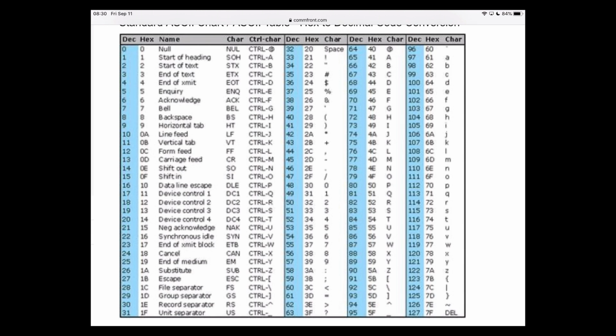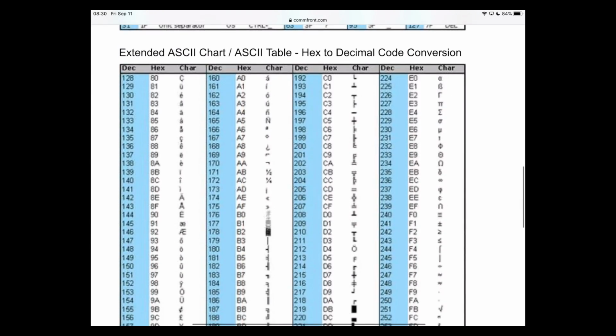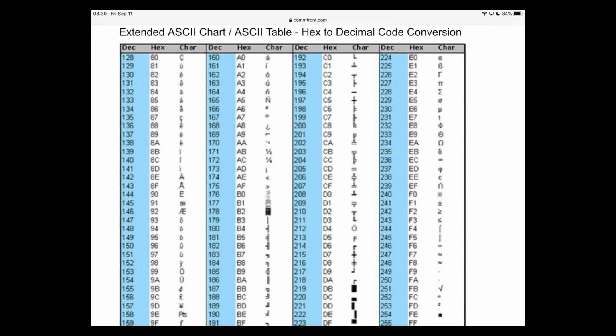So very quickly it got extended, and here's the second half of it. A lot of you studied Spanish in high school probably, or maybe French, anybody? Oui? Ah, français, très bien. In French or Spanish you've got Latin letters.